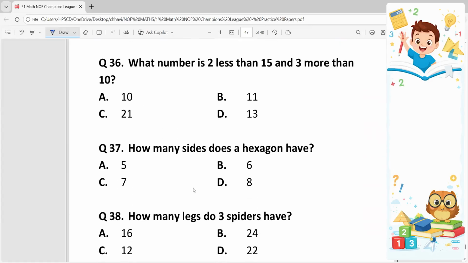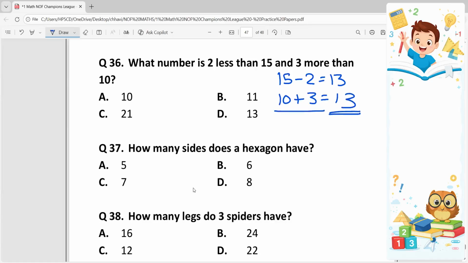36th. What number is 2 less than 15 and 3 more than 10? So what we have to do is, what number is 2 less than 15? We have to subtract 2 from 15, that is 13. And 3 more than 10 is also 13.